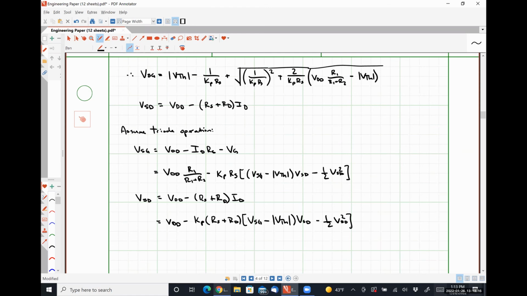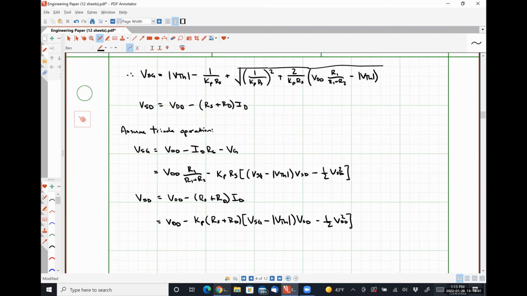So with channel length modulation included, I'm not going to spend a whole lot of time doing this. We're literally going to take this equation here, substitute in our ID, this equation here, substitute in the correct ID, and that's going to give us our two equations. Solve those, determine whether or not it's working in saturation.